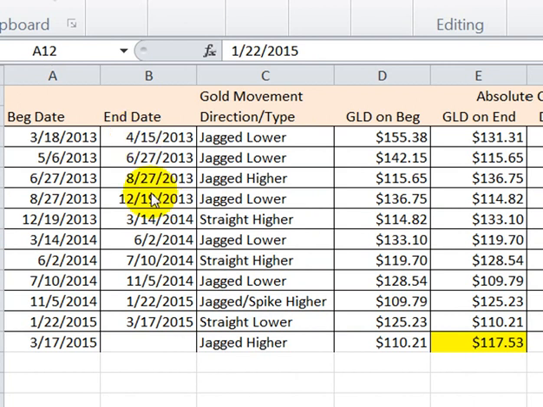So now I want to go over some of these and show you how they look. Let's just pick one. Let's pick this jagged higher, which is essentially what we see happening right now. And let's look at how that looks on the charts. Now remember, when gold's going higher, or you expect it to go higher, you want to be long GLD, right?